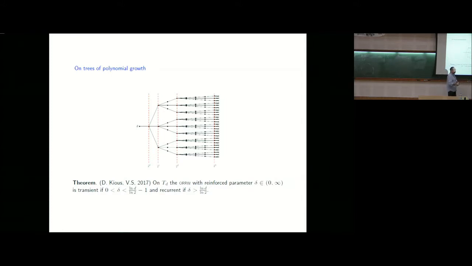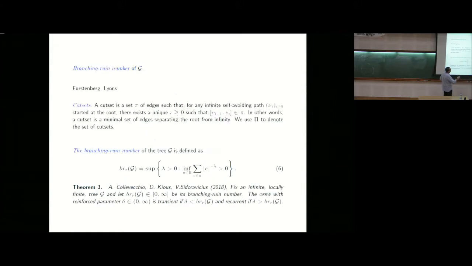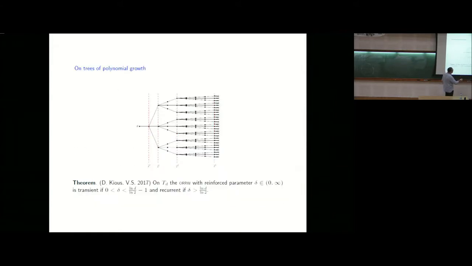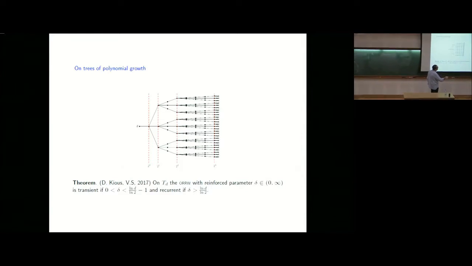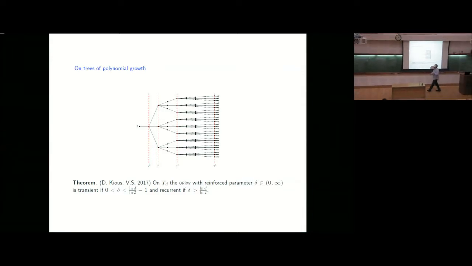So your branching gets slower and slower, and in between branches, if you enter this branch, you are having a one-dimensional walk. And then you choose. So this is T3, and in T_d, you branch at the points.